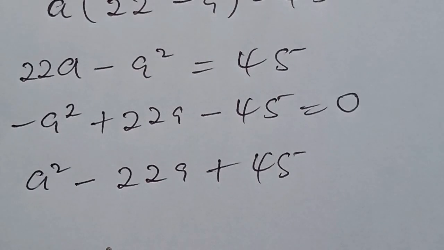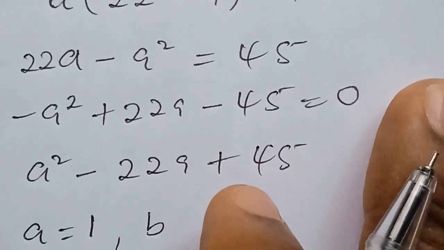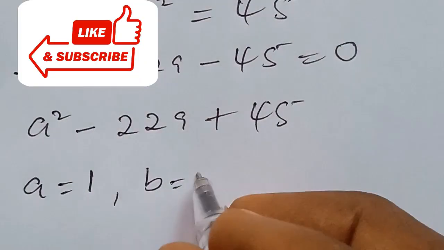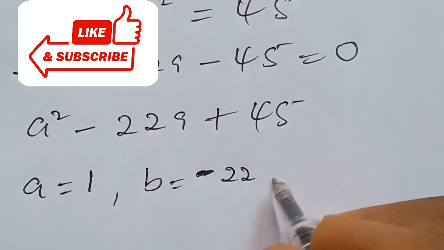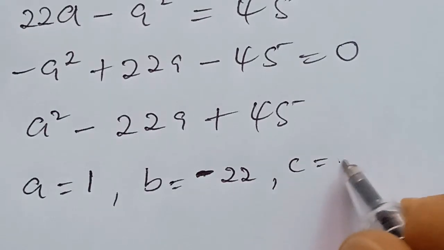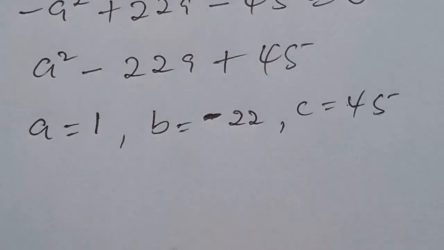So we use the quadratic equation. So here we have a to be equal to 1, b to be equal to minus 22, then c equal to 45. So here we apply that.